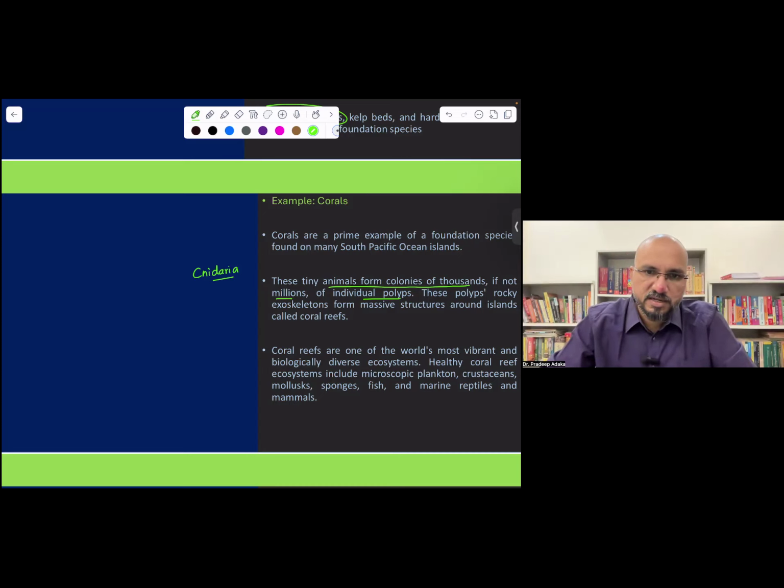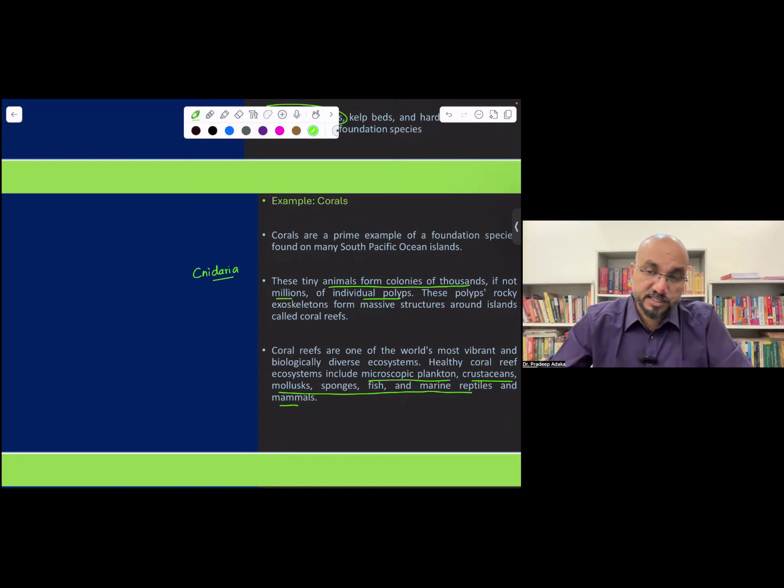Coral reefs are most vibrant and biologically diverse ecosystems in the world. Okay, so healthy coral reef can support different species of marine animals. So you have microscopic plankton species, crustaceans, mollusks, sponges, fish, marine reptiles, mammals.